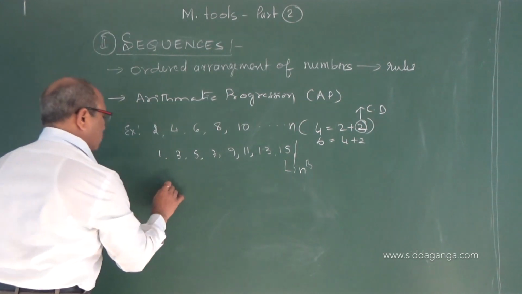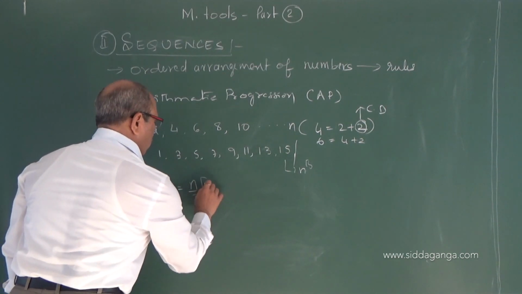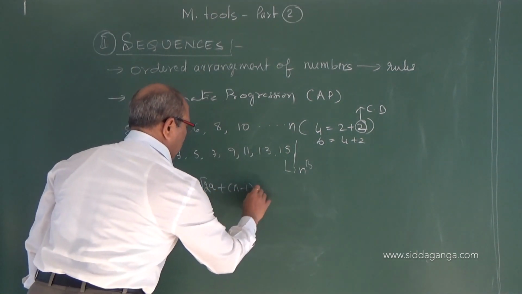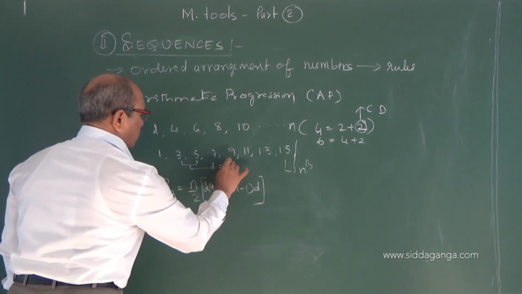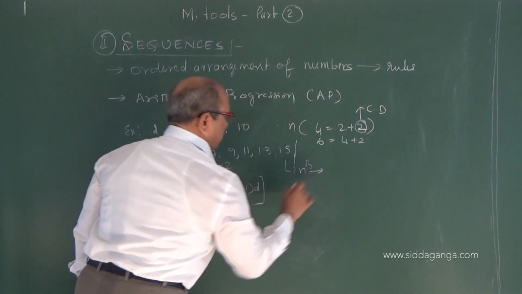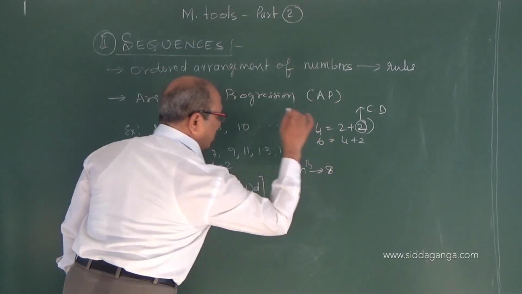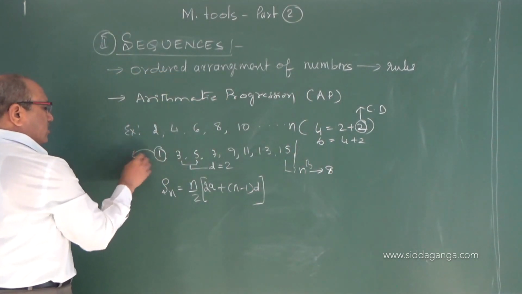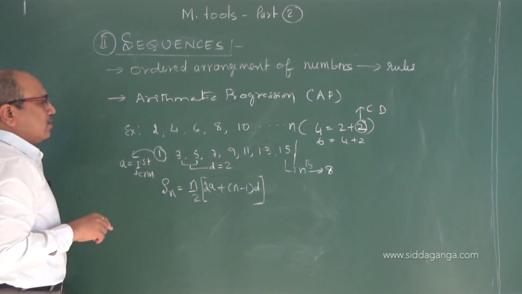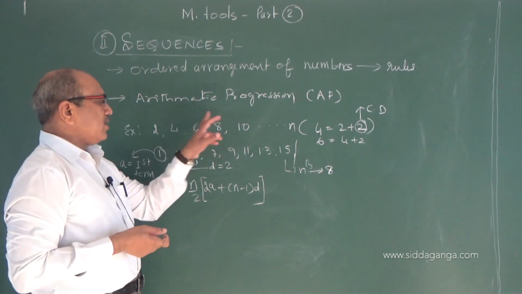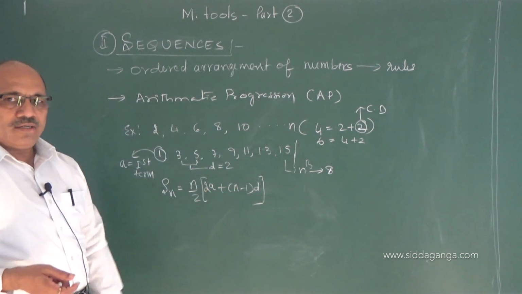You have a standard equation for this: Sn equal to n by 2 into 2a plus n minus 1 into d, where d is the common difference, which here is 2. For the terms 1, 2, 3, up to 8, the first term is a, then a plus d, a plus 2d, a plus 3d, and so on up to a plus n minus 1 d.